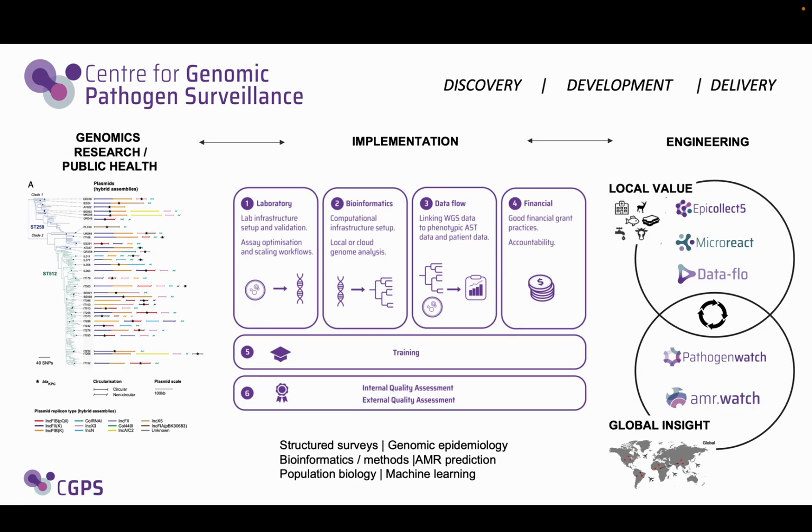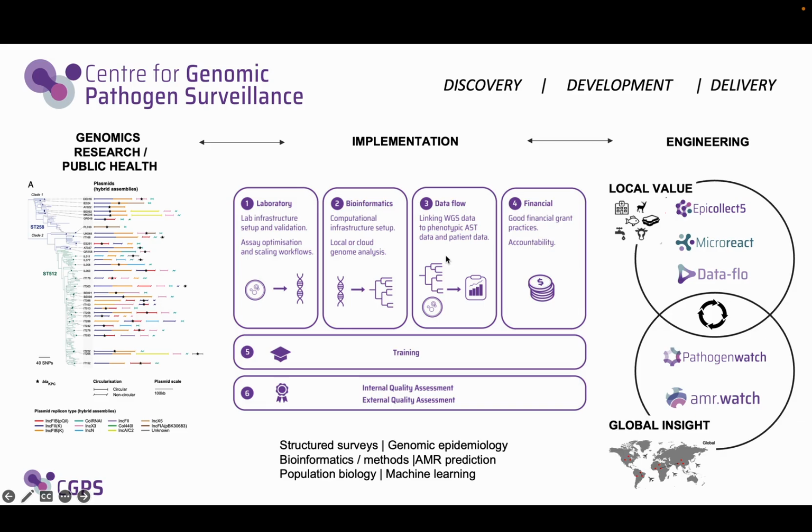So I'm based at the CGPS. You'll have heard and interacted with members of the team over the last couple of days, Sophia and Julio, Natasha and Nabil. And we're really an organisation that has three major foci. One is around research and genomics, really understanding large-scale pathogen data sets.